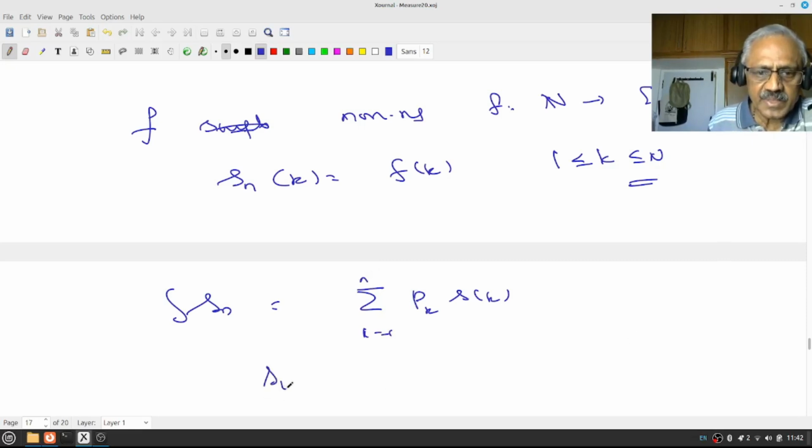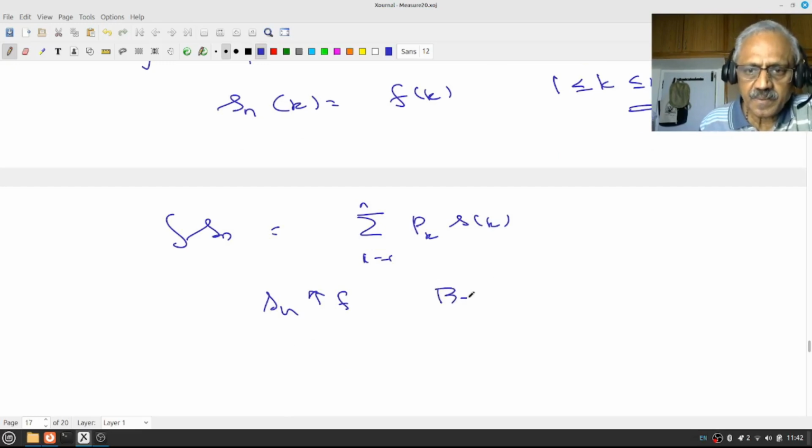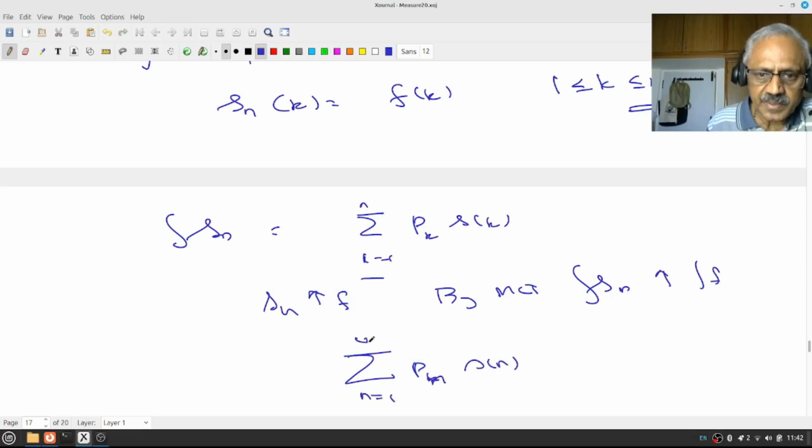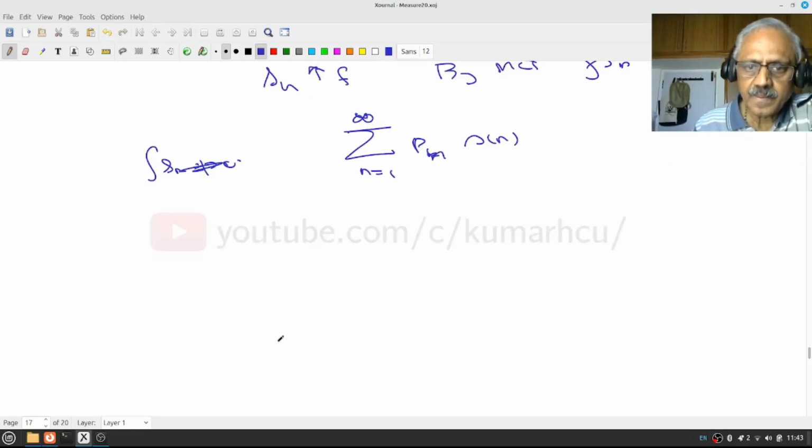And notice that s_n increases to f. By MCT, the integral of s_n increases to the integral of f. But notice that the integrals of s_n are nothing other than partial sums of this series, the sum of p_n s(n), n equal to 1 to infinity.